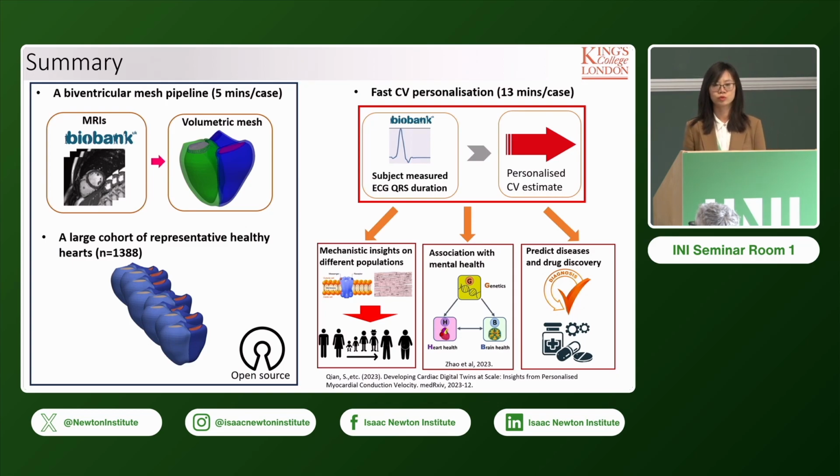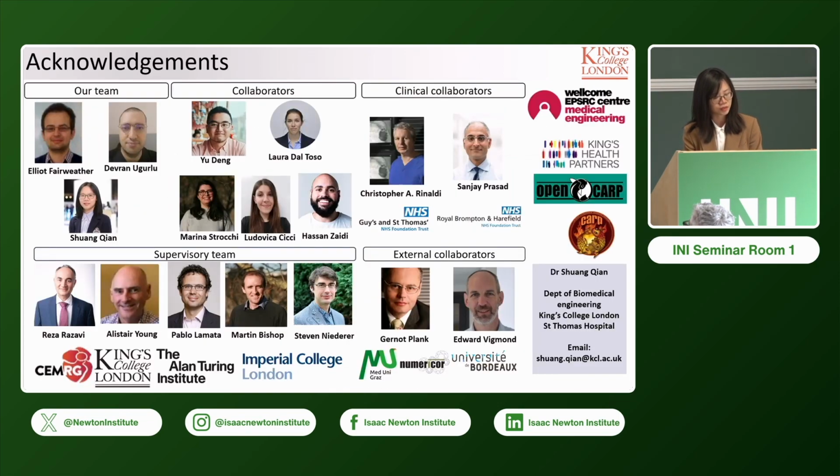It also shows a new functional association with mental health that is somehow related to the heart-brain connection, which is recently becoming a hot topic. And we also show the conduction velocity has some predictive power on diseases and may also help in developing drugs. And this is my acknowledgement, and thank you for your attention.